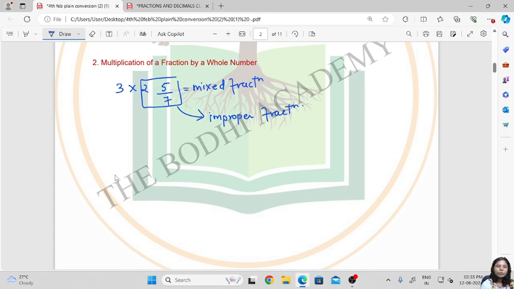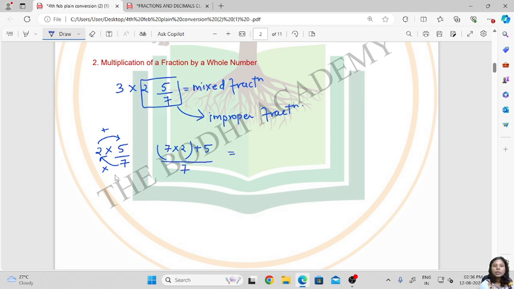Now what we have to do here is keep the 3 as it is, and let's first solve the mixed fraction part. So we have 2 into 5 by 7. So how do we convert this? We multiply these two numbers. So we'll write 7 into 2, and this then we add. So we write plus 5 upon 7.